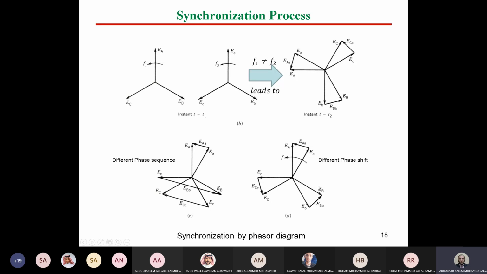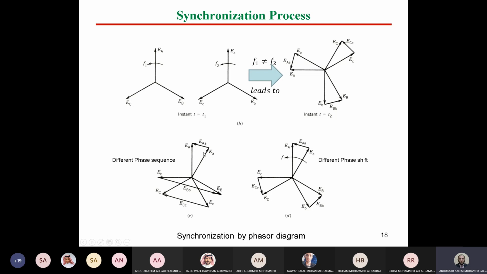For this shape here, shape D, as you can see, f is the same, and the magnitudes of E capital A and E small a are almost equal. However, due to a phase shift between the 2 vectors, there is a voltage drop. So there is a difference in phase shift, so we cannot connect. Here, there is a difference in phase shift and the phase sequence as well.